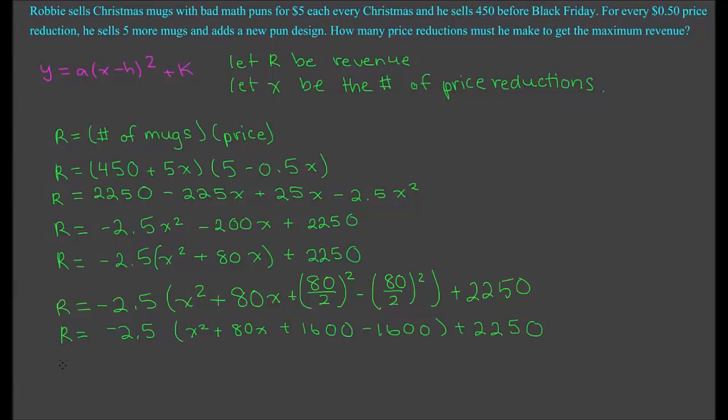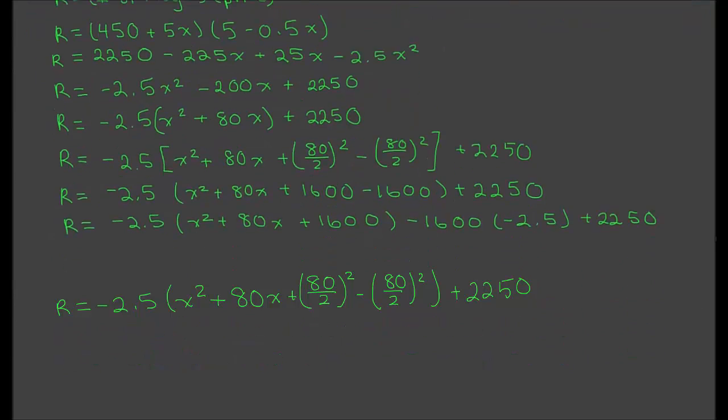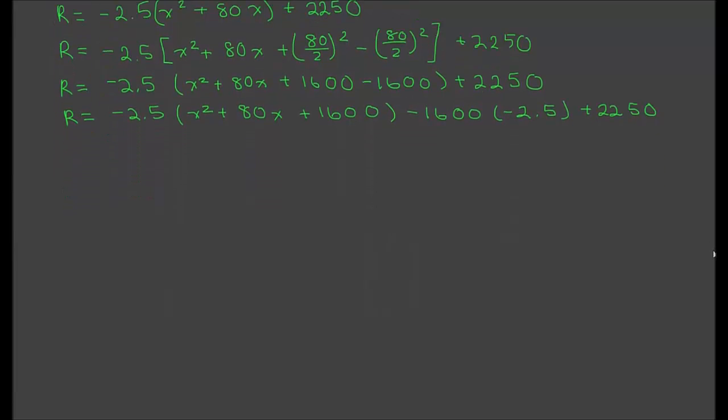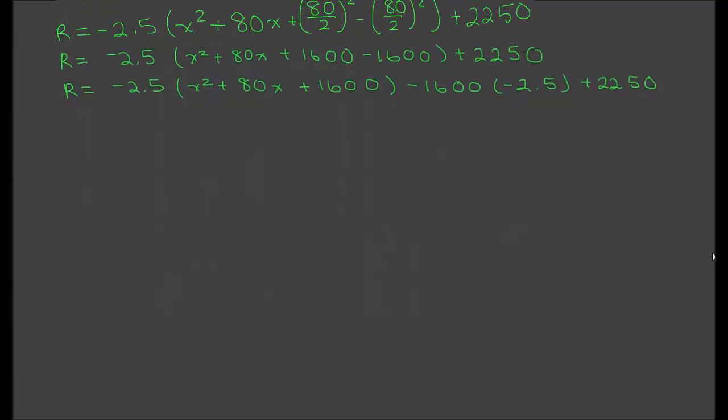Then we move the negative 1,600 outside the brackets, making sure to multiply it by the coefficient, and we get r equals negative 2.5 [x squared plus 80x plus 1,600] minus 1,600 multiplied by negative 2.5 plus 2,250. We multiply the negative 1,600 by negative 2.5 because it isn't inside the brackets, so it is not multiplied by negative 2.5 or the a value.